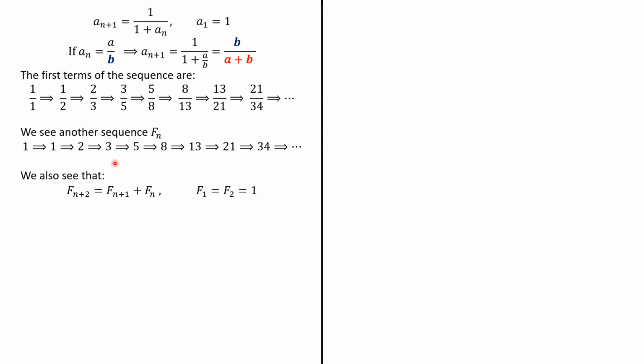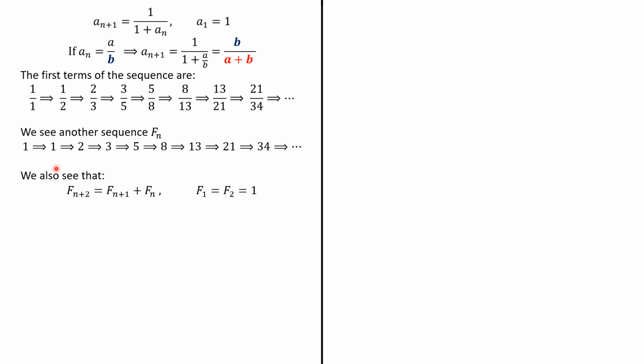Now, let's have another look at this sequence. For instance, you take the first term, 1 over 1, is the first term here over the second term. 1 over 2 is the second term here over the third one. 2 over 3 is the third term here over the fourth term.